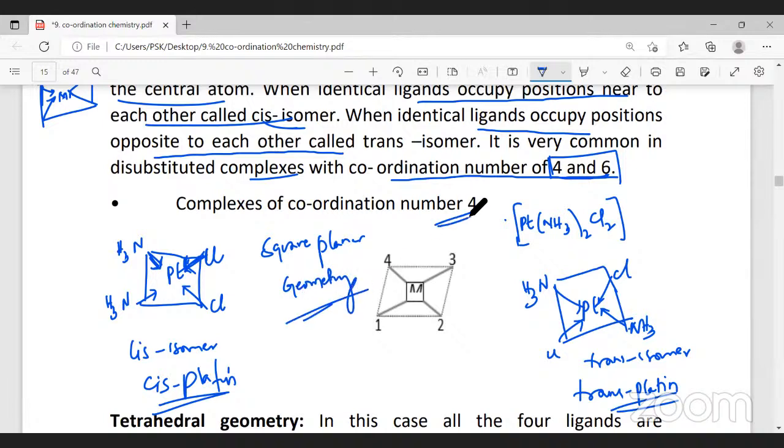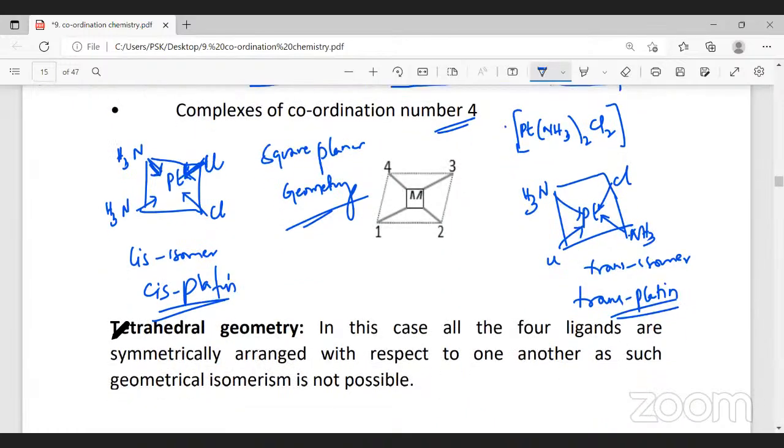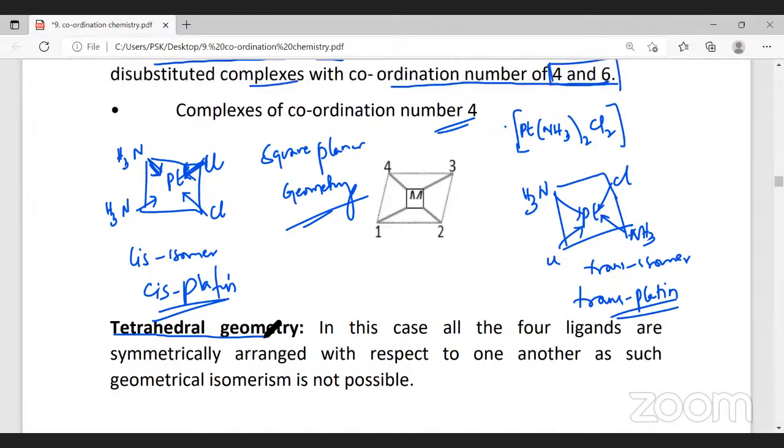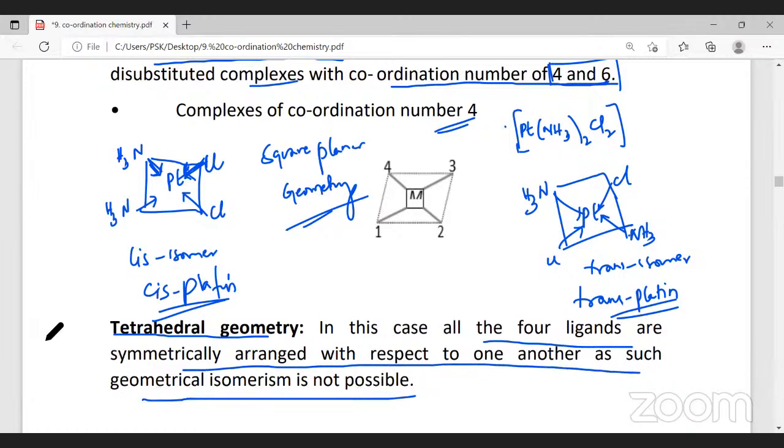So coordination number 4 compounds can also have tetrahedral geometry. When they show tetrahedral geometry, all 4 ligands are symmetrically arranged with respect to one another, so such geometrical isomerism is not possible, even though the coordination number is 4.